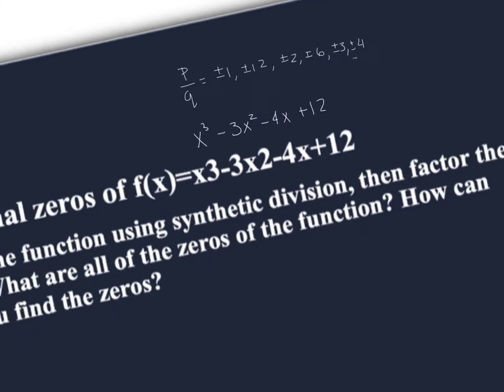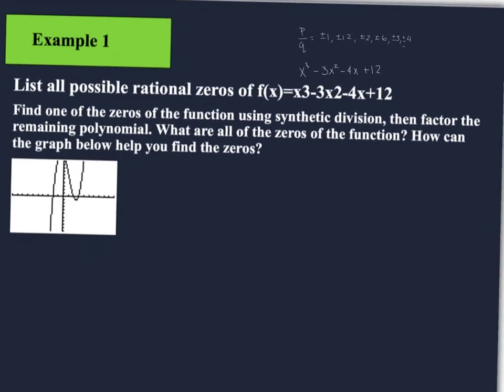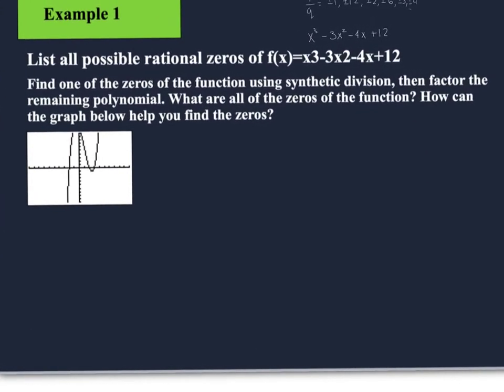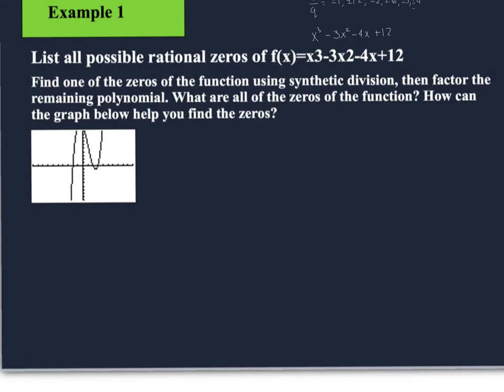So now that we have a list of all possible rational roots, the instruction says find one of the zeros of the function using synthetic division, then factor the remaining polynomial. What are all of the zeros of the function, and how can the graph below help you find the zeros? Here we can use our graphing calculators to determine at least one of them, and I would say 2 looks like a good candidate, or negative 2.